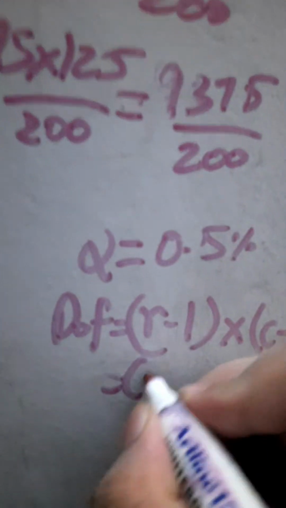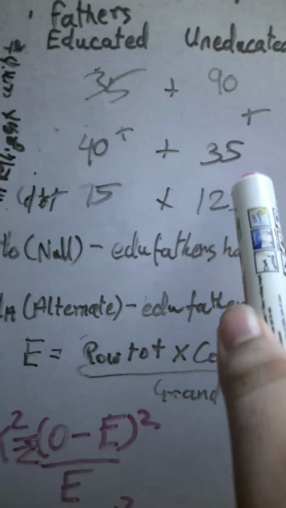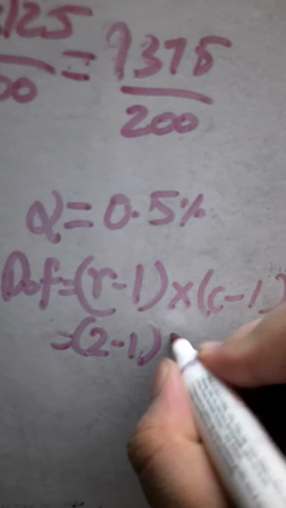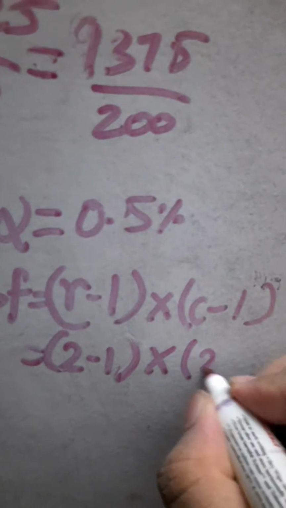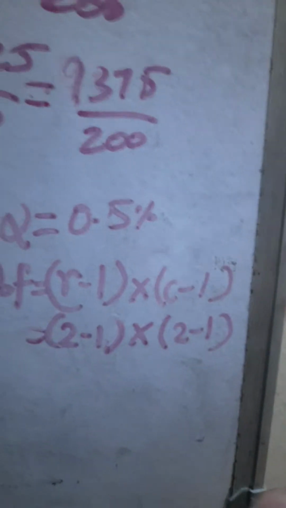Let me show you the calculation here. We have 2 horizontal rows and 2 vertical columns. 2 minus 1 into 2 minus 1: number of rows minus 1, number of columns minus 1, multiply them.